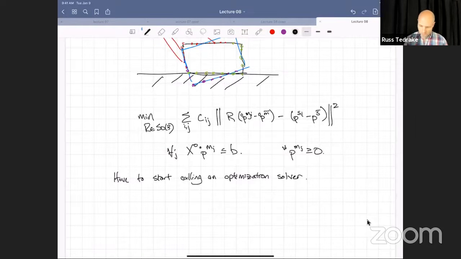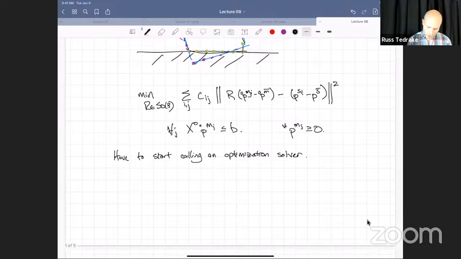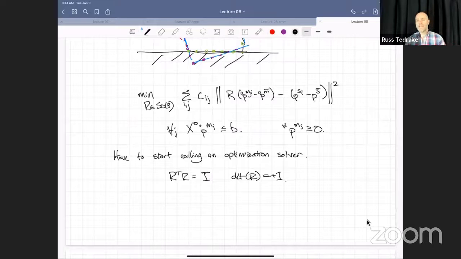The ways we've been writing it before, R transpose R equals the identity and the determinant of R equals +1, those are difficult constraints to hand to a solver. This is, we said, a quadratic equality constraint, which is a non-convex constraint.